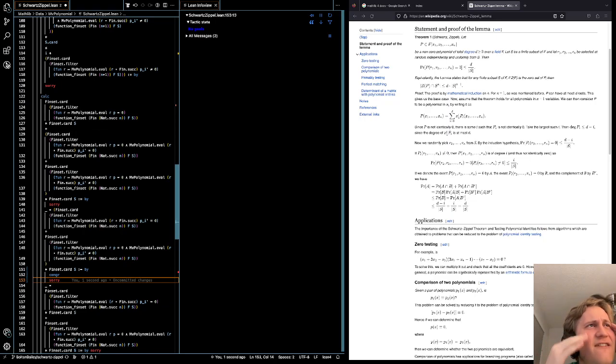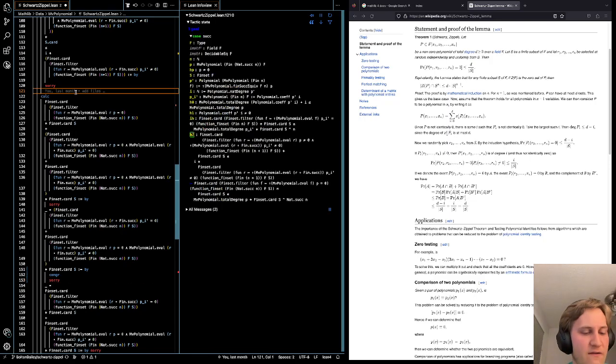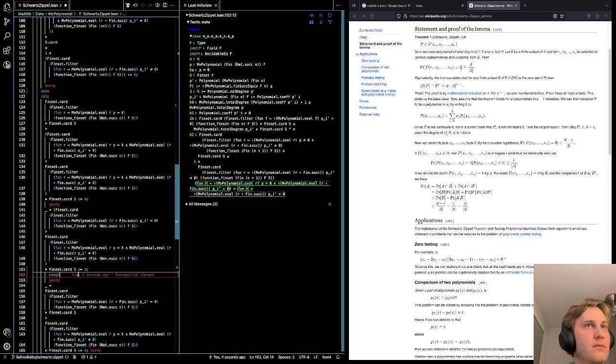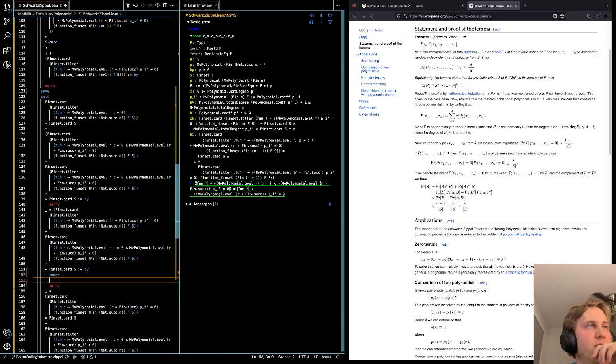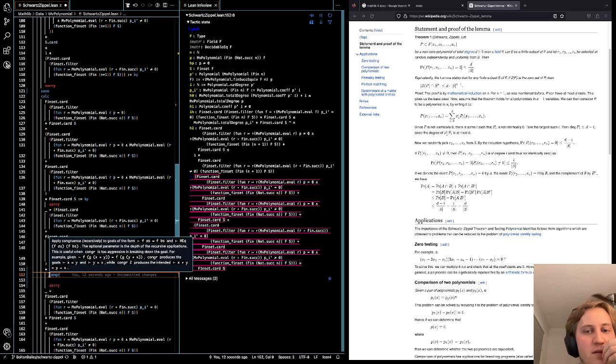I think there's this save tactic. Is that it? If I type in save, does that make things go faster? Maybe the issue is that all of the time is spent in the later parts. Yeah, okay, whatever. But the congr invocation works, right?